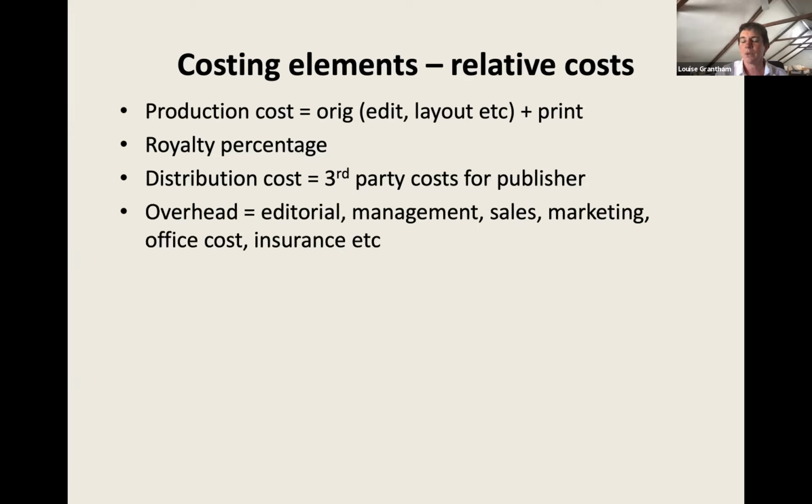And then, of course, we've got the overhead costs. Within a publishing house, you need a team of people to take a book into the market, apart from the people who are involved in the actual origination of the book. So the production cost of the book is going to get our book printed and into the warehouse.